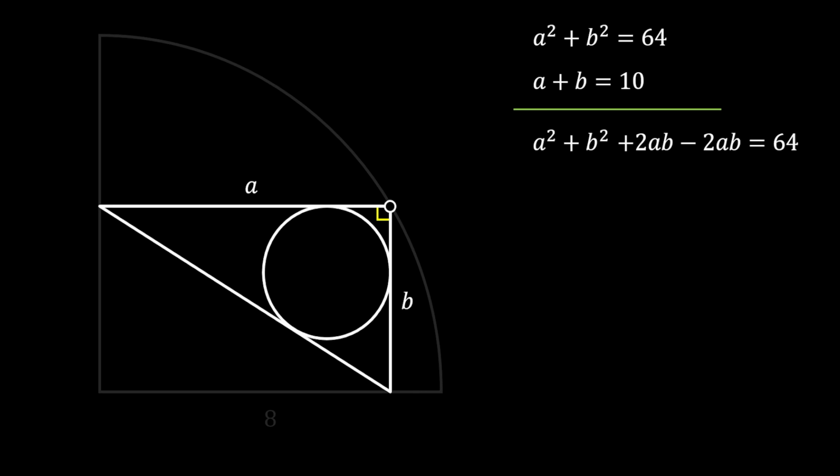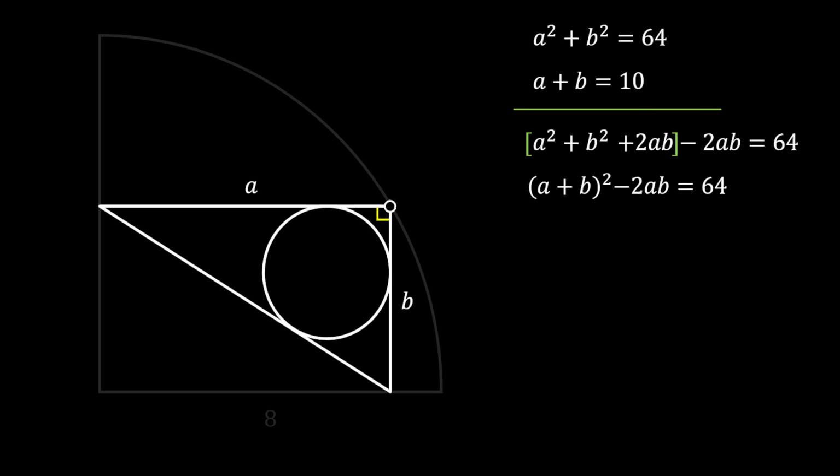From the point of equilibrium, this will not change our equation. But if we group our first three terms, you can clearly see that those three terms will form the formula for the square of binomial a plus b squared. So, the quantity a plus b squared minus 2ab is equal to 64.